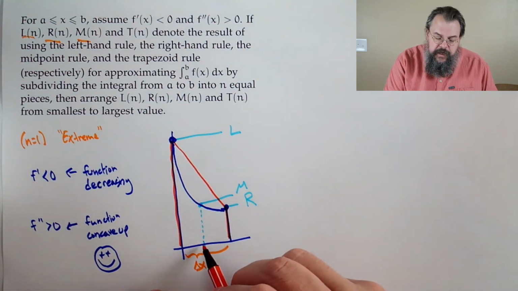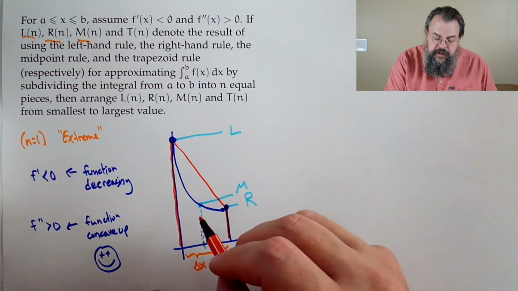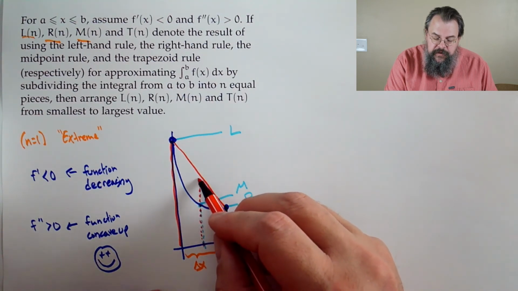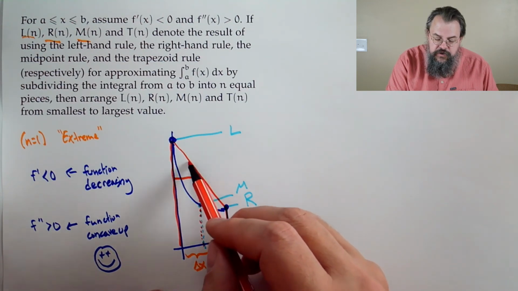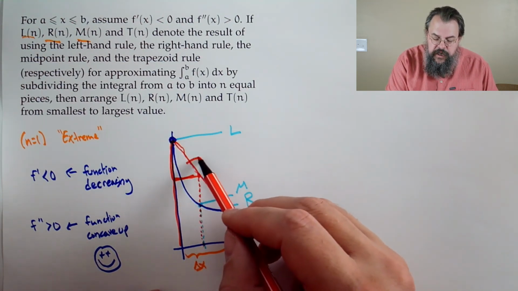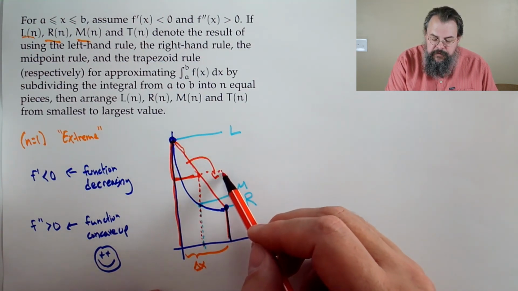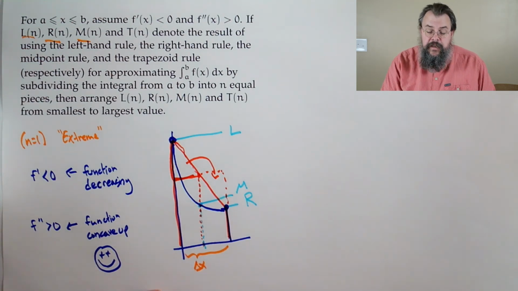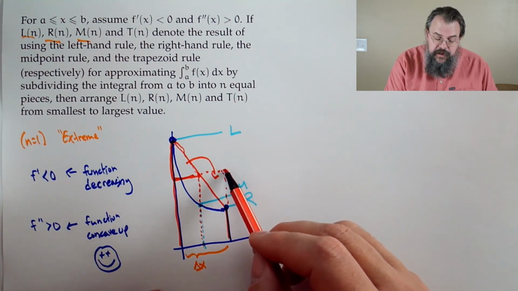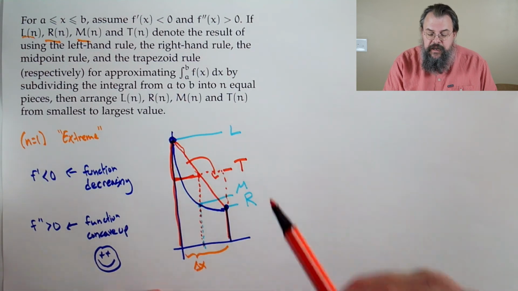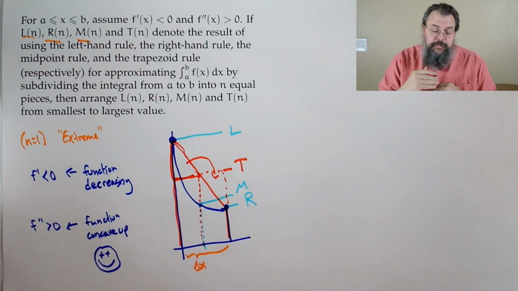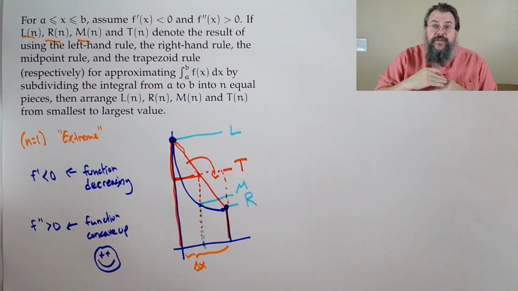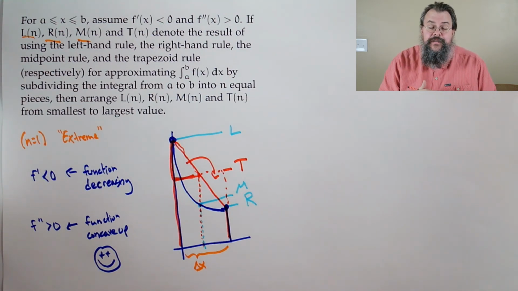Now, from the same center that we used for the midpoint, if you were to go up here, you can take this triangle, turn it upside down, and it would fill that space in. So the trapezoid rule is equivalent to taking a rectangle of that height. In other words, it would be from the midpoint up to the straight line connecting the two endpoints.